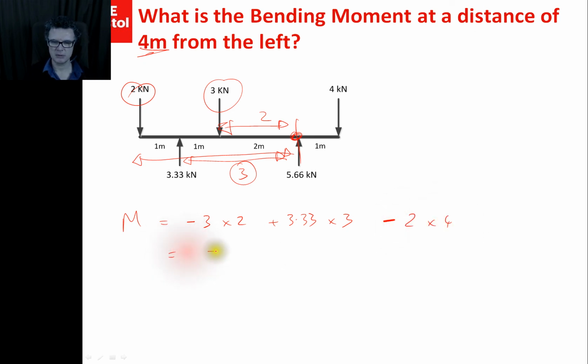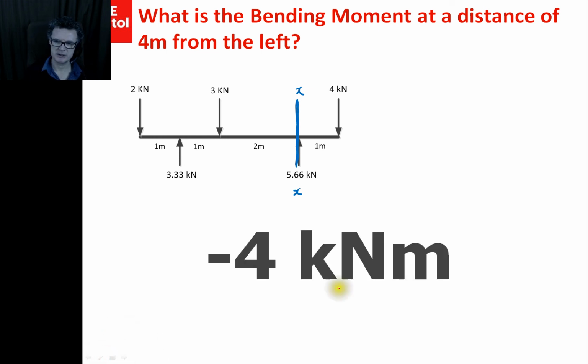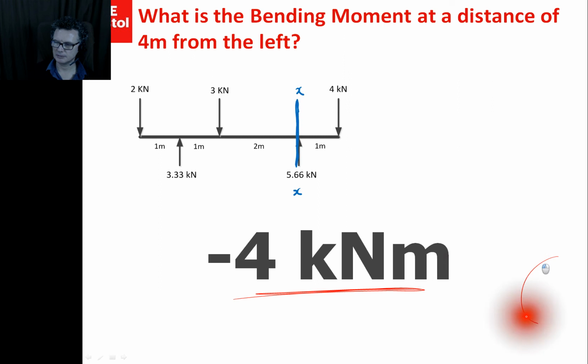So I don't know, -6, 10 (from 3.333 times 3), and -8 there. So I make that to be a -4, unless I made a mistake. Yes, I got the answer right. So there we go. I'm happy.